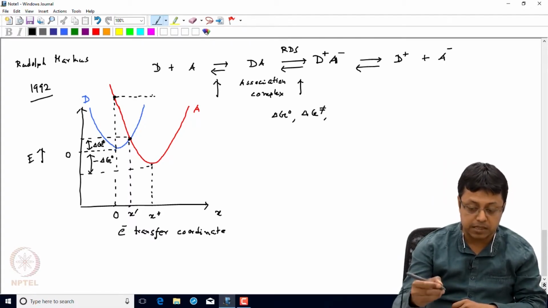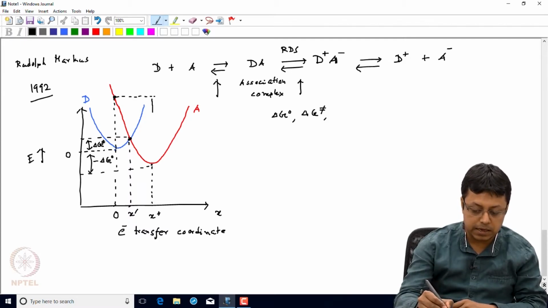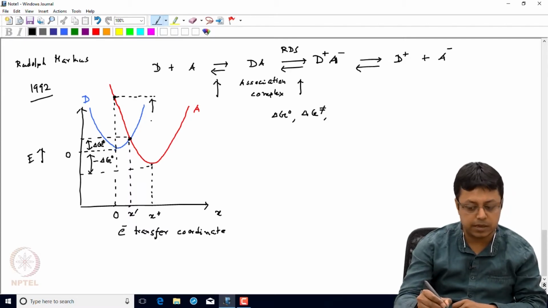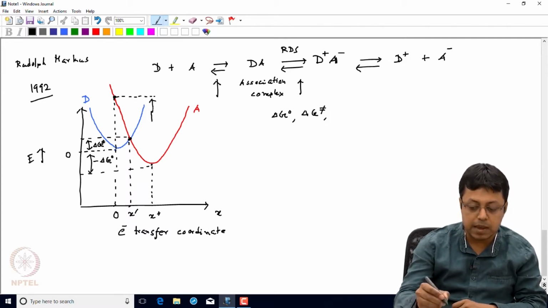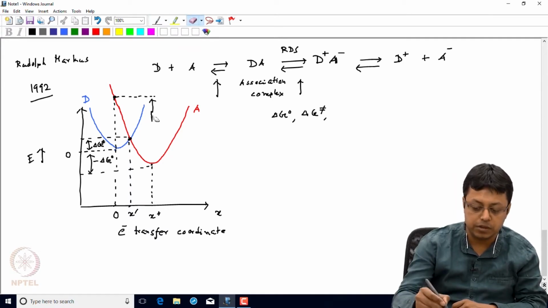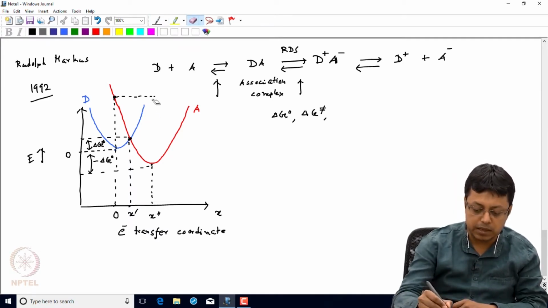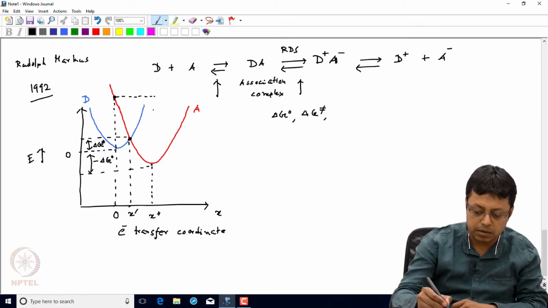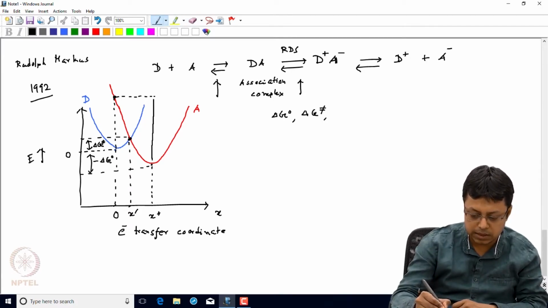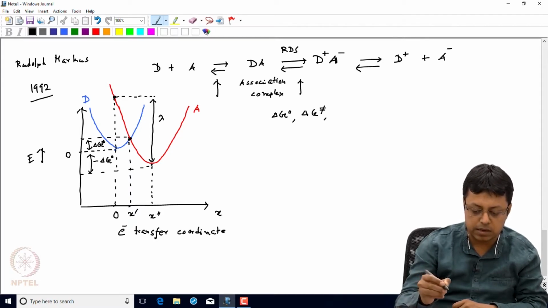This is the energy of the acceptor, but it is the acceptor's energy for the same solvent configuration as the donor minimum. So let me first draw this and label this energy. This is that energy, and that is known as reorganization energy, or we'll call it lambda.